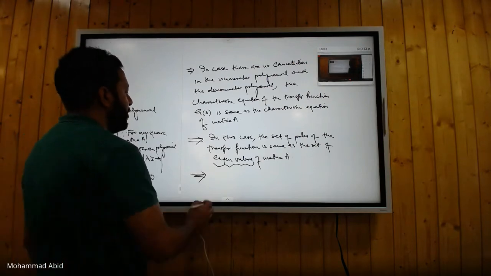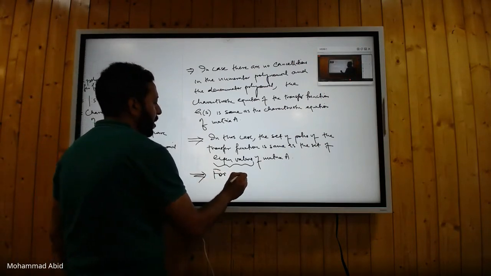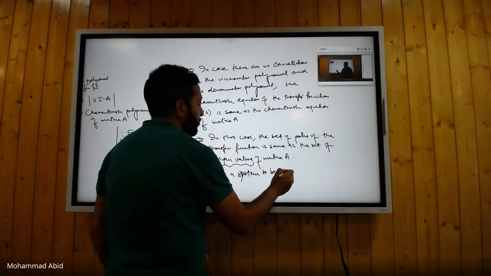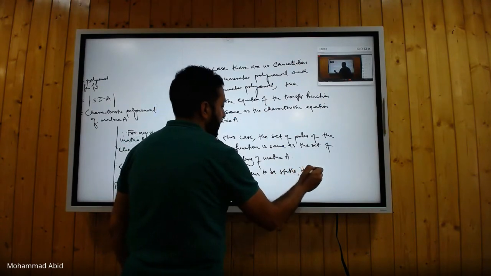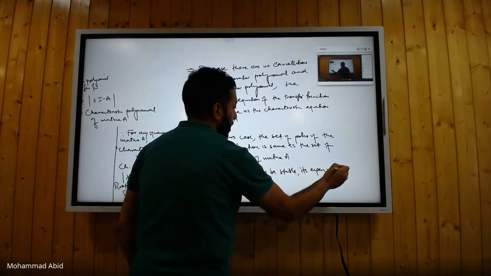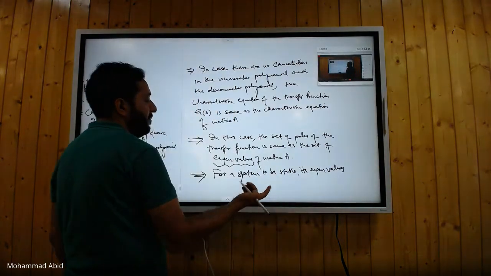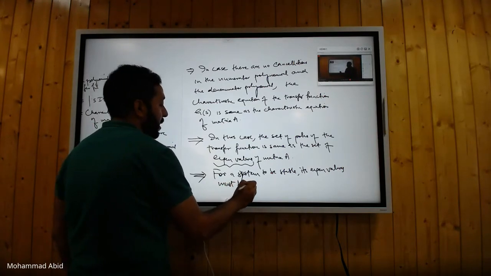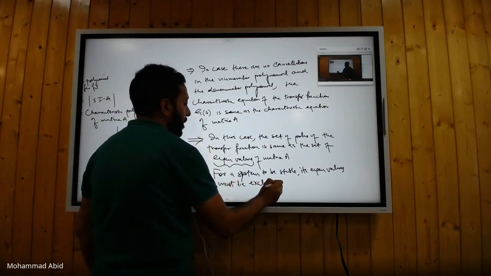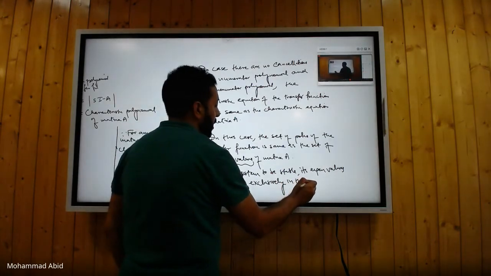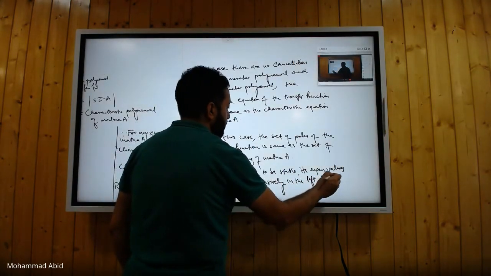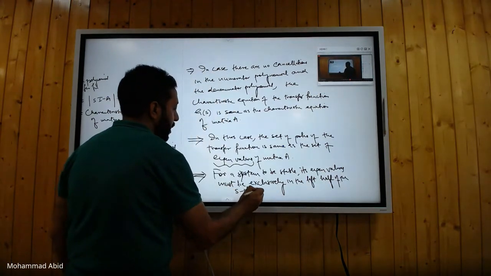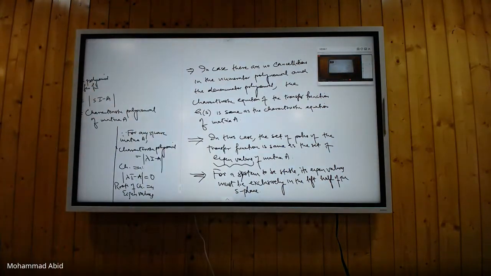So this implies for a system to be stable, its eigenvalues, or the eigenvalues of matrix A, which are known as the eigenvalues of the system, must lie exclusively in the left half of the S-plane. Is that clear to all?